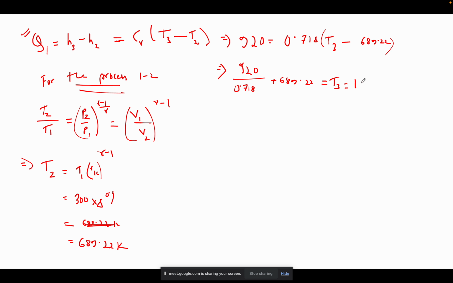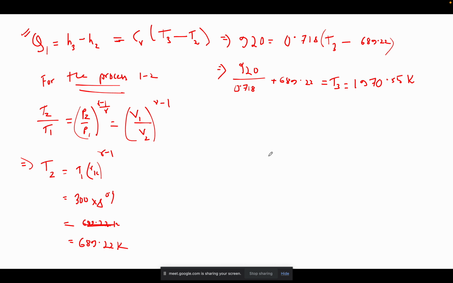So that is 1970.55 Kelvin. Fine, so this is your T3, which is nothing but your T max.